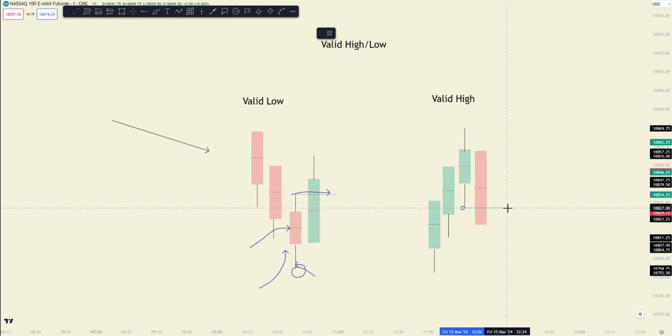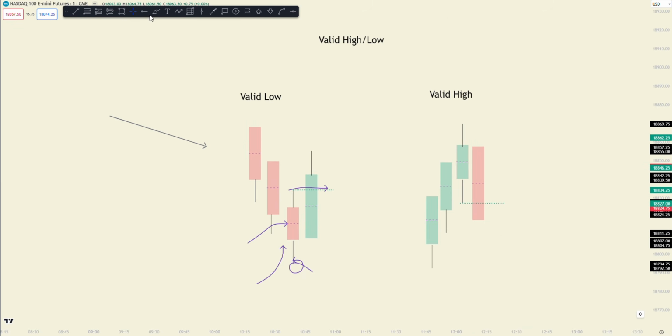We close below the bullish candle that established the high. And that is how a valid high and a valid low occur. Very, very simple. Okay, so we're going to hop over to the charts so that we can start identifying some valid highs and valid lows.